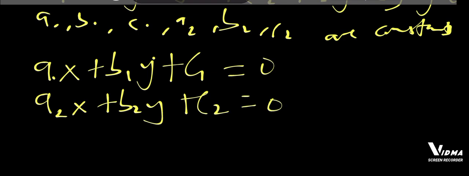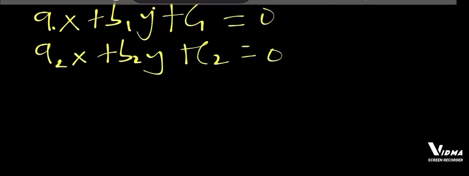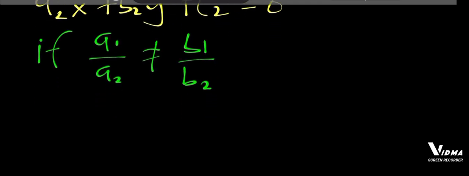So in our first case, we say that if a1 over a2 is not equal to b1 over b2, then we are going to just solve these two equations simultaneously to obtain a unique solution. Okay, so if I have this simultaneous equation and I solve, I'm going to get a solution which is x naught and y naught.